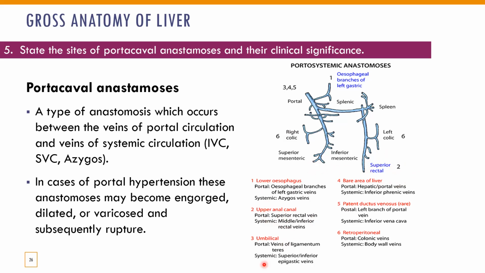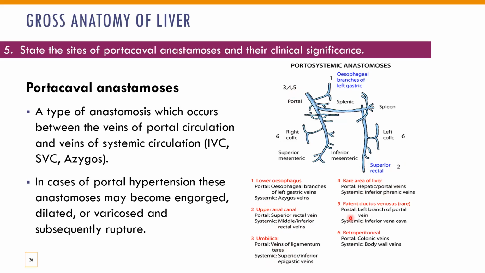Then you have the umbilical, between the vein of the ligamentum teres and the superior or inferior epigastric veins. And at the back area, there are the hepatic or portal veins and the inferior phrenic veins.